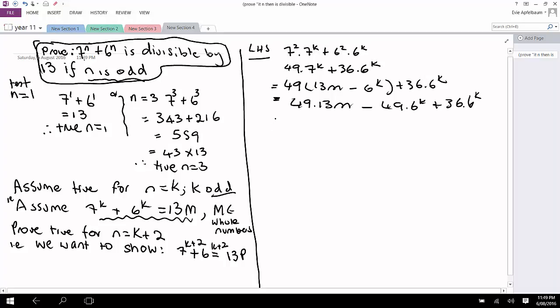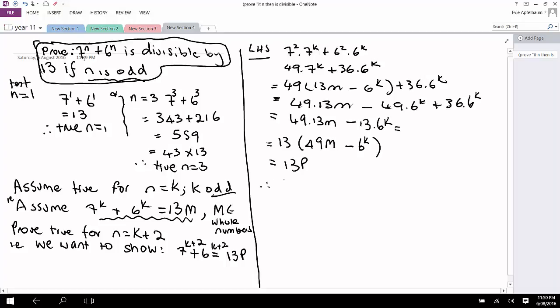And that's going to be equal to 49 times 13m minus 13 times 6 to the k, which we can see has got a factor of 13 in it. Not only that, but because m and k are whole numbers, we know that what's in brackets there must also be a whole number.